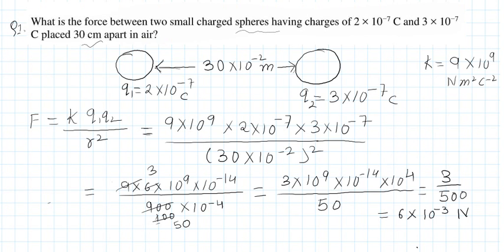So sphere 1 will experience a force of 6 into 10 to the power minus 3 Newton due to sphere 2, and vice versa. And this force is repulsive in nature because both are like charges. Both are positive charges.